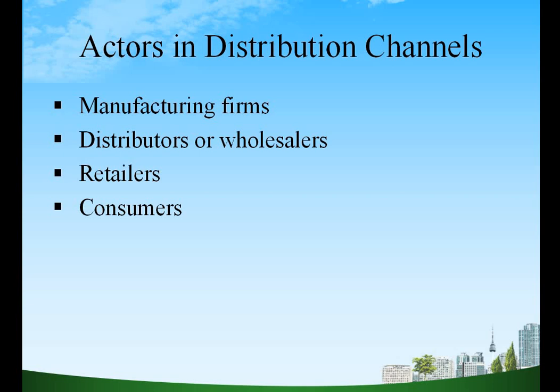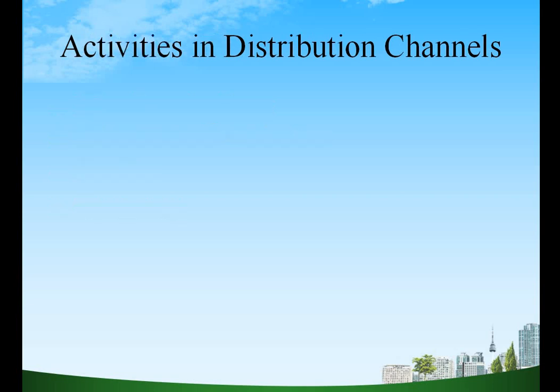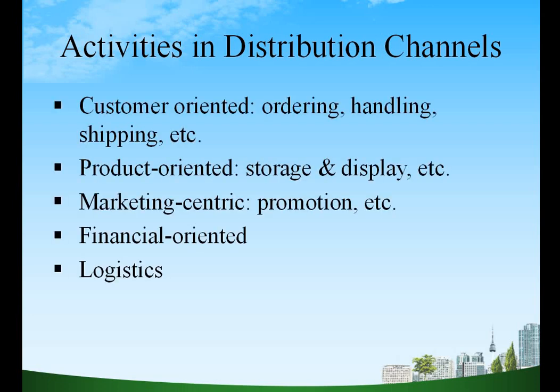The next most important thing is how to manage your activities in the distribution channel. Before that, let us understand what activities are involved in the distribution channel. The first most essential thing is customer-oriented activity, which is ordering, handling, shipping, and so on.